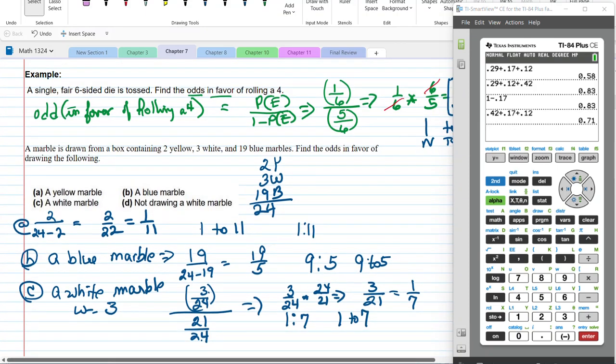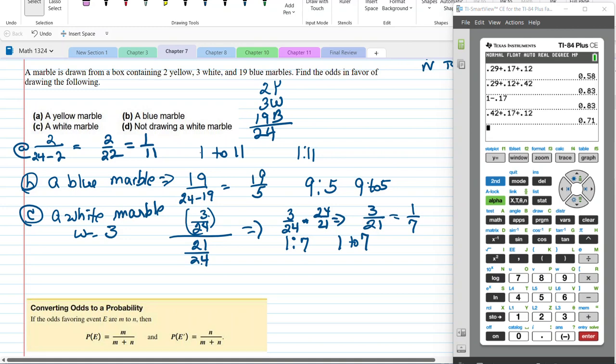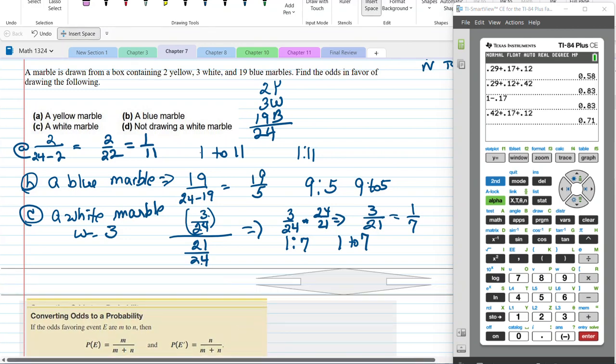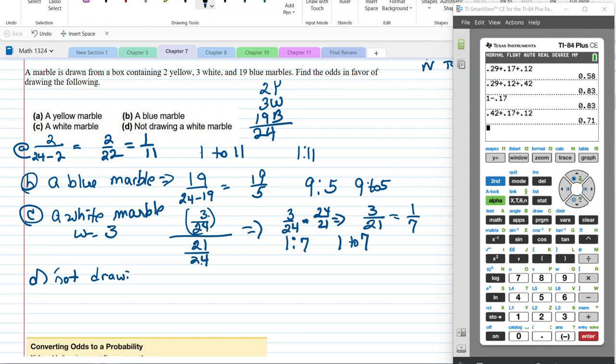I have one more of this one, and it is not drawing a white.